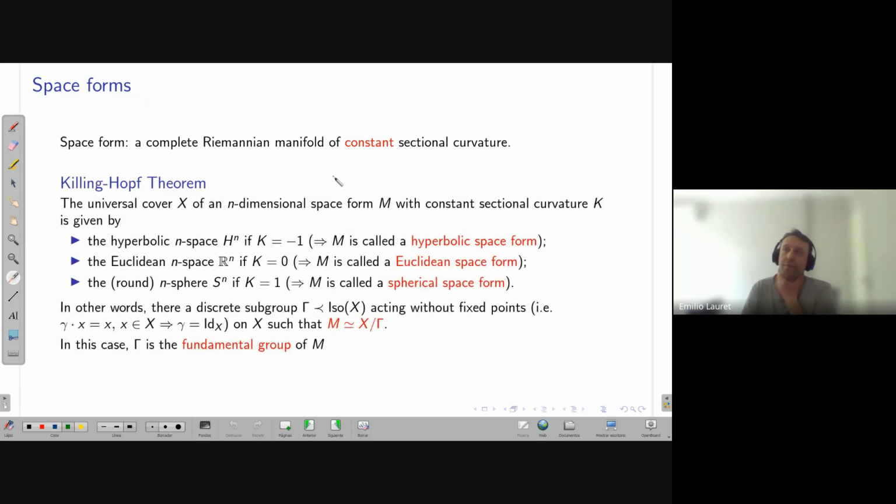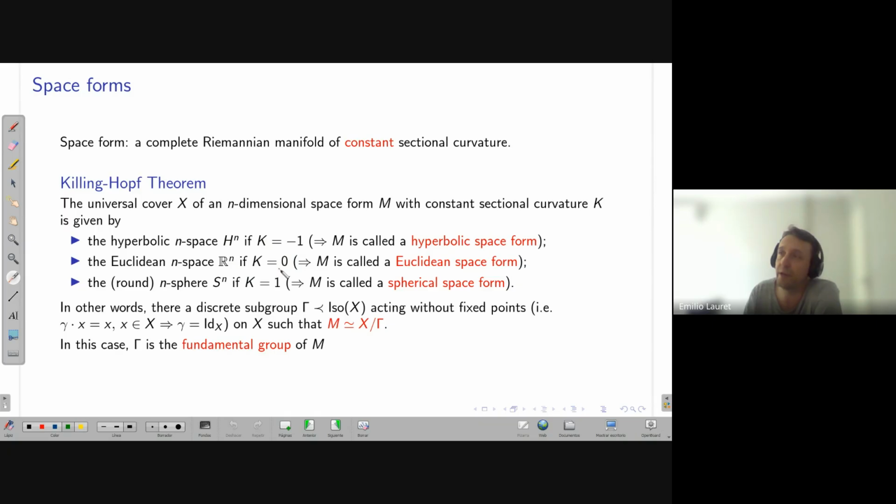And well, the Killing-Hopf theorem ensures us about this space that the universal cover of one of them, let's assume that the sectional curvature, because it's constant, is equal to -1 or +1, because if you scale, you can obtain it. So if the sectional curvature is equal to -1, then the universal cover is the hyperbolic space, n space, if we assume dimension n. And more or less the same with the other cases, right?